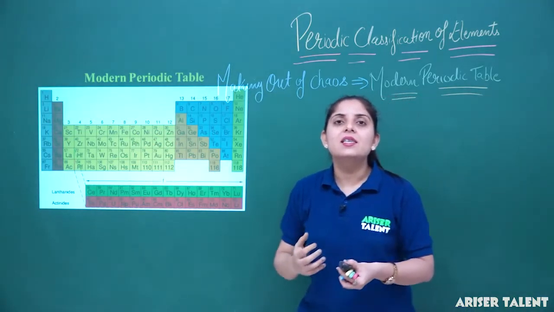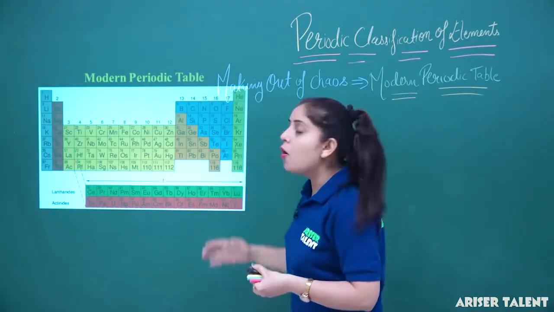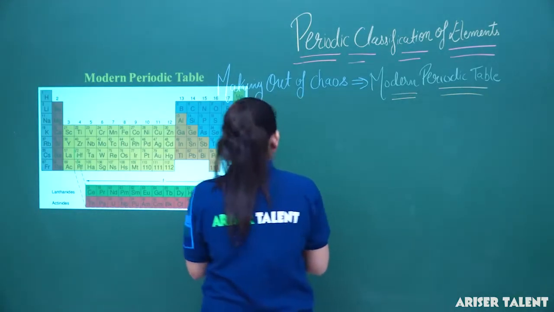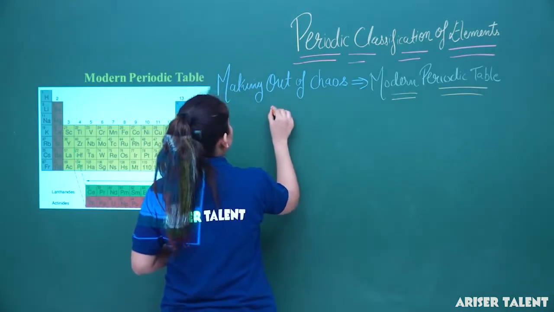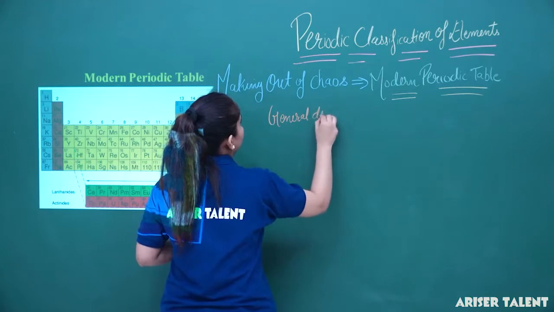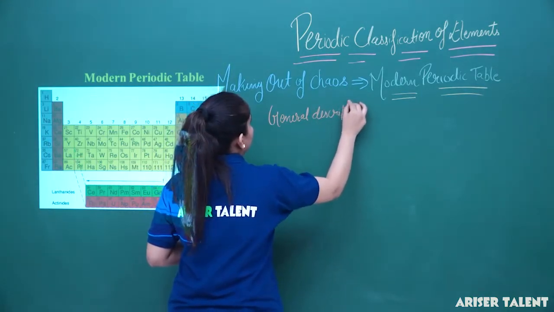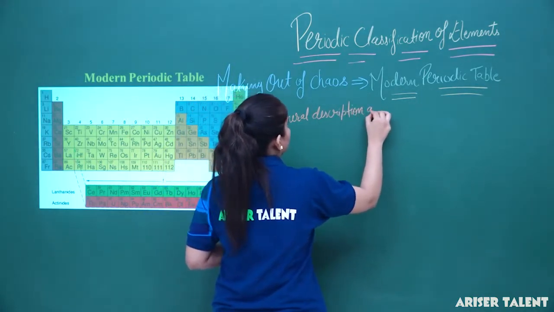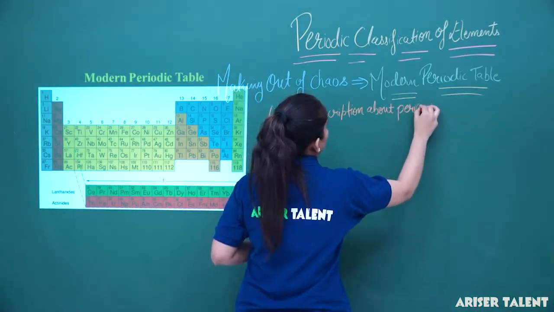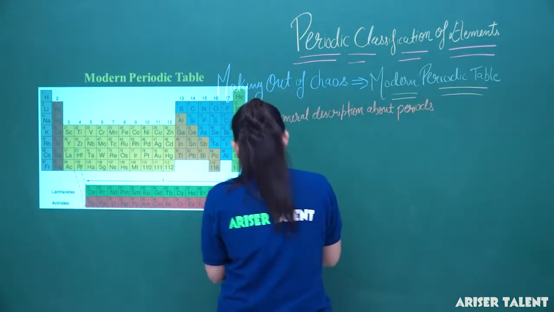So let us discuss some of the characteristics of both periods and groups. Our next topic will be the general description about the horizontal rows that are called periods.